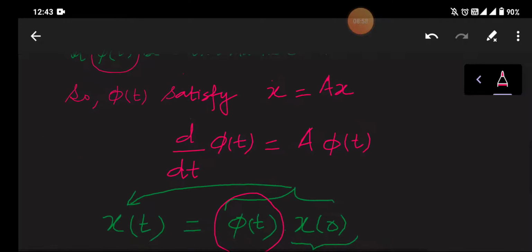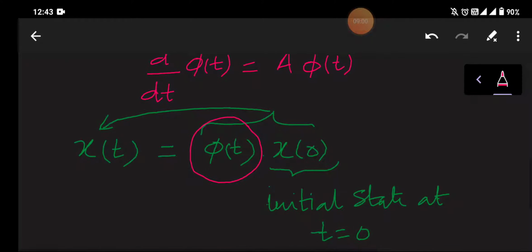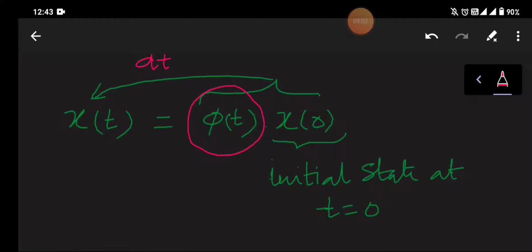Also we have assumed that the state at any time t is equal to phi t multiplied by x0, which is the initial state.